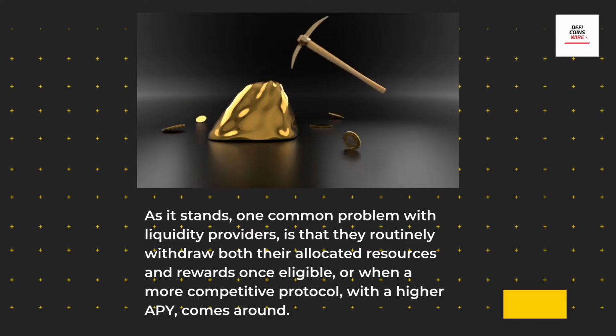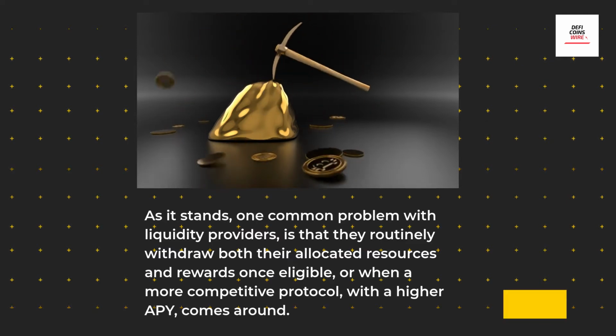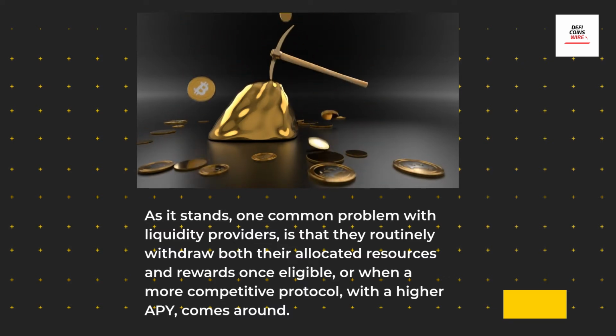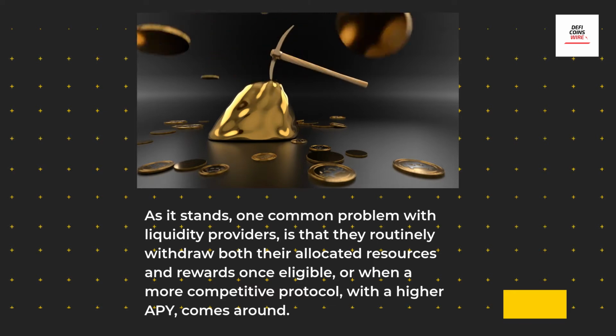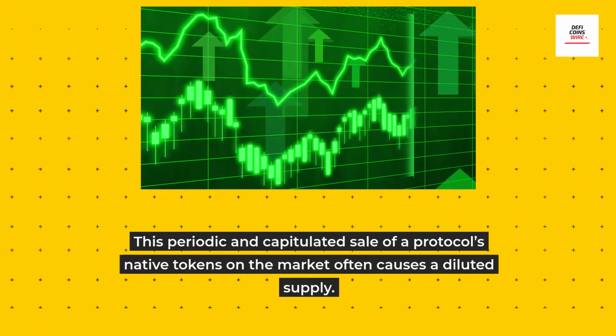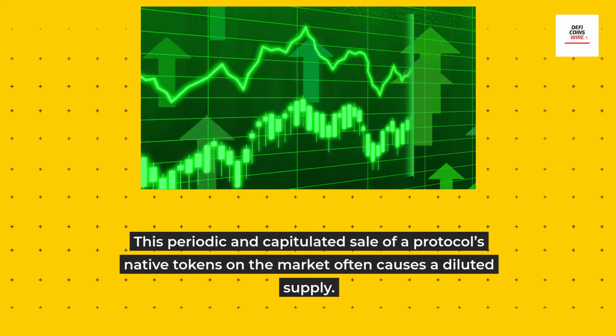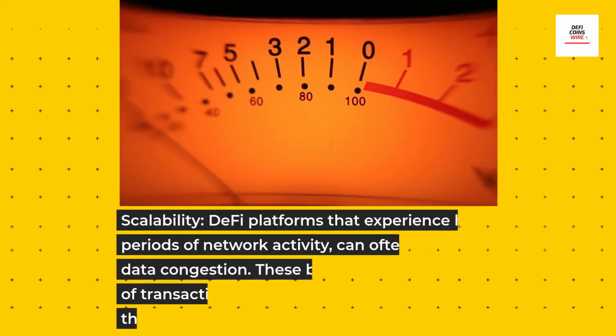As it stands, one common problem with liquidity providers is that they routinely withdraw both their allocated resources and rewards once eligible, or when a more competitive protocol with a higher APY comes around. This periodic and capitulated sale of a protocol's native tokens on the market often causes a diluted supply.